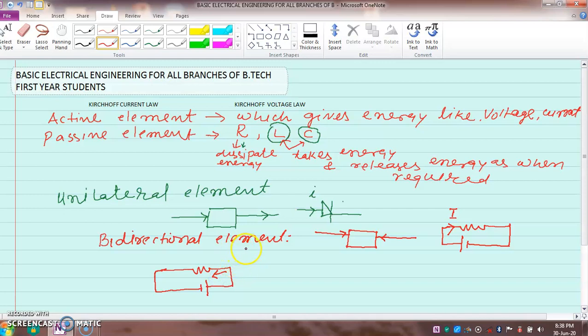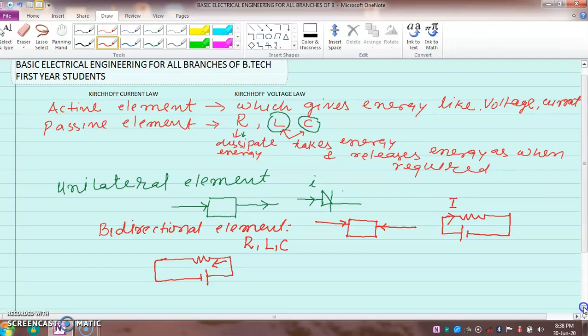So resistance, inductance and capacitance, all three are bidirectional elements. Means current can flow in either direction, from left to right or from right to left. You can flow the current in both directions. These are some of the elements which I have discussed here.